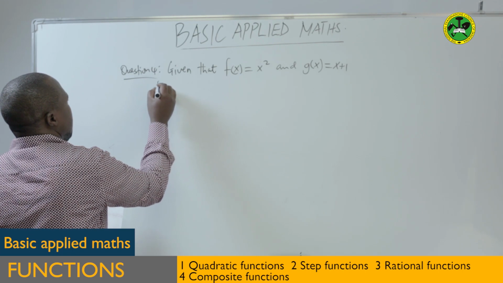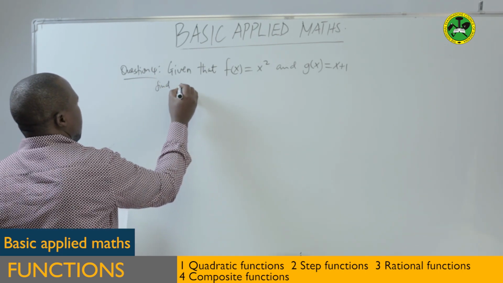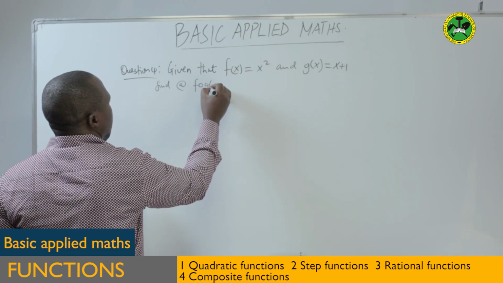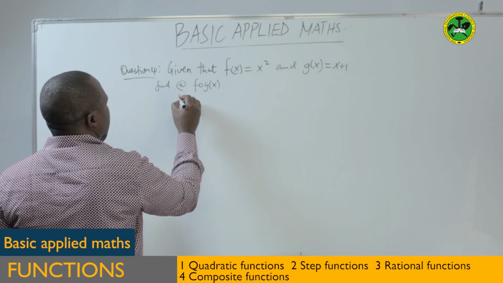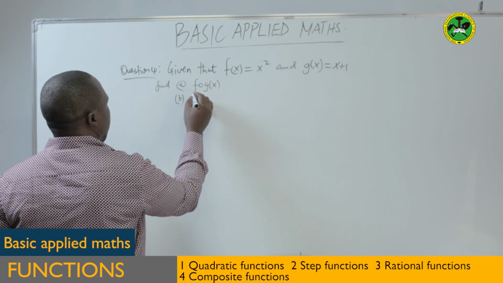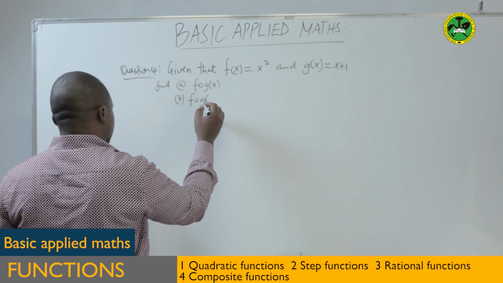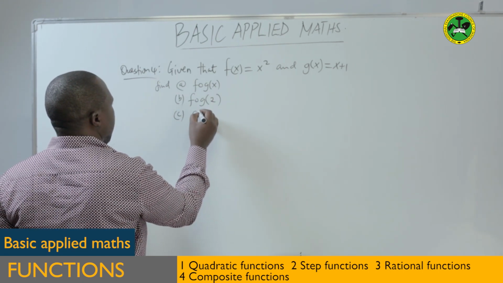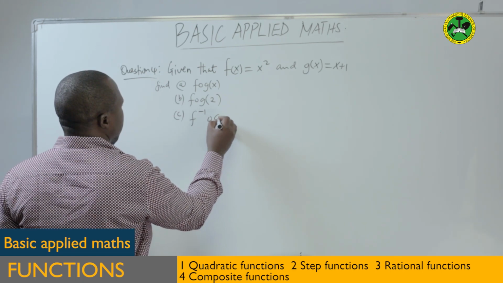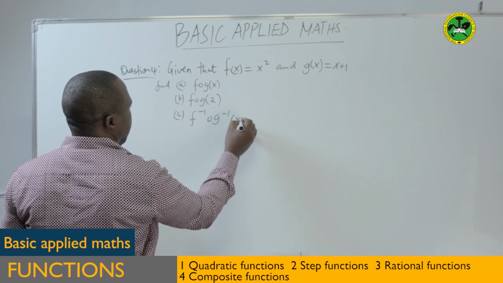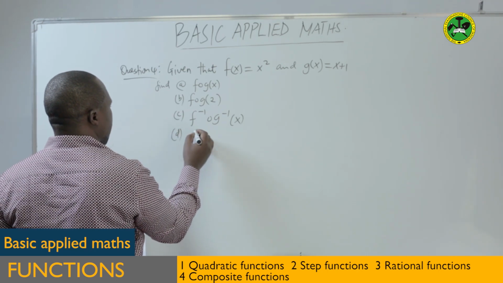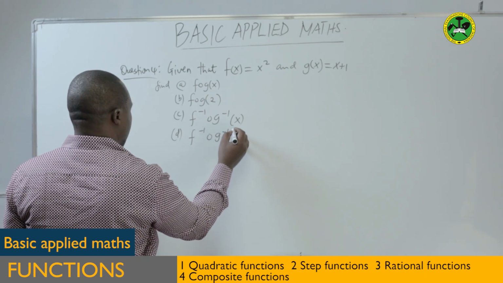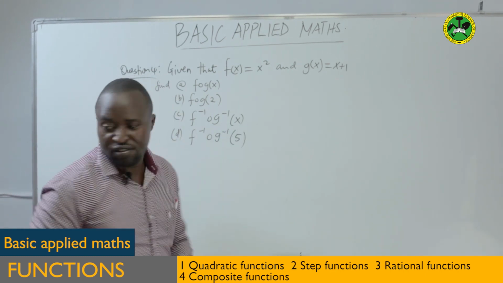Now find: A, we have f of g of x, and B, we have f of g of 2. C, we have f inverse of g inverse of x, and D, we have f inverse of g inverse of 5.